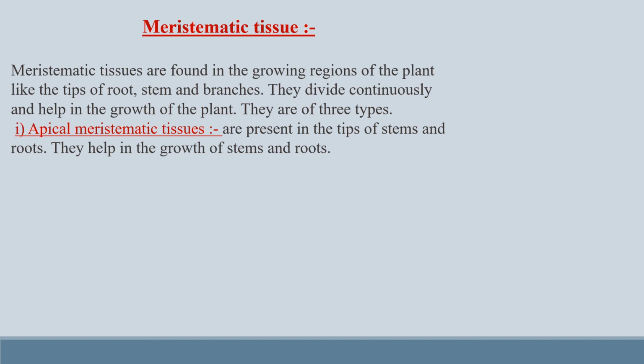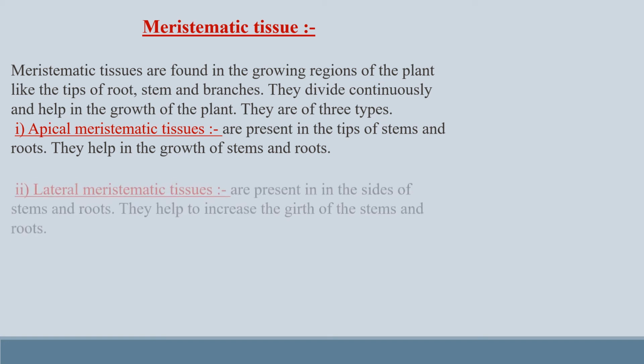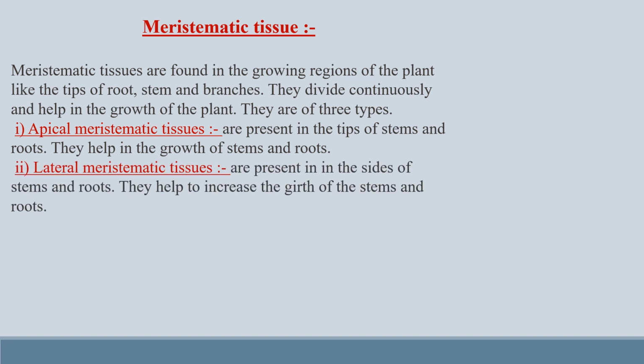The apical meristematic tissue you can see in the region of the tip of stem or root. It mainly helps in the growth of the plant, by which elongation growth of the plant occurs. Second is lateral meristematic tissue.